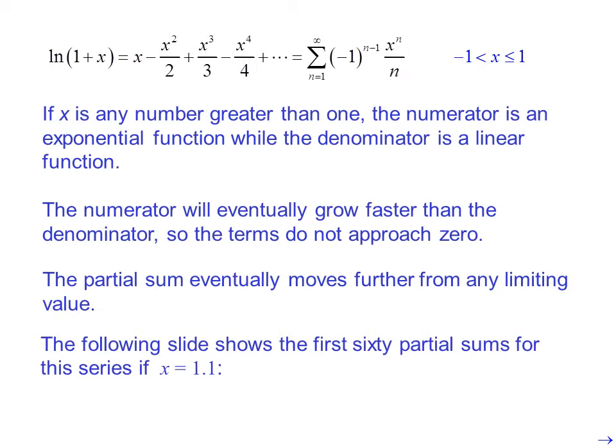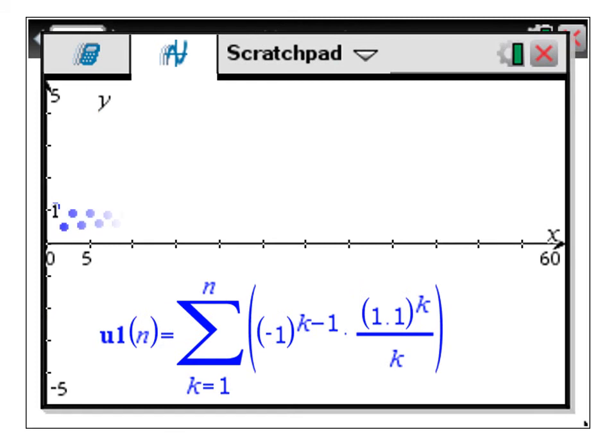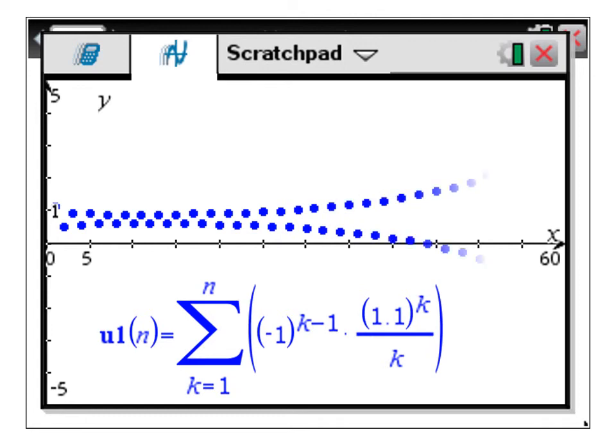The following slide shows the first 60 partial sums for this series if x equals 1.1. We see that at first the sums appear to approach a limit, but after a certain point they get further and further apart.